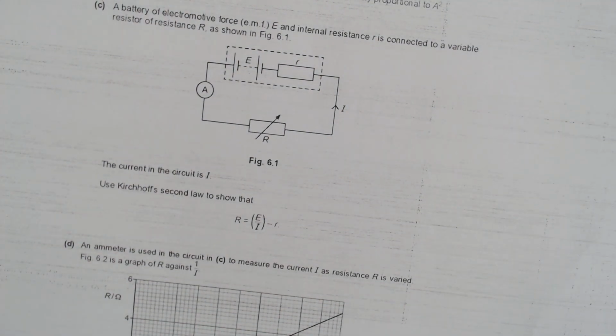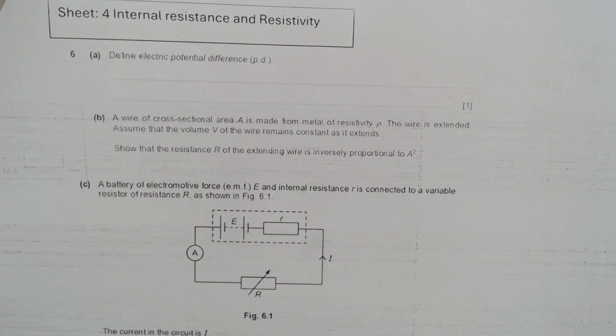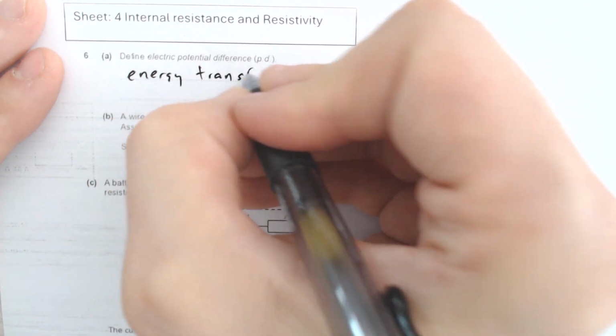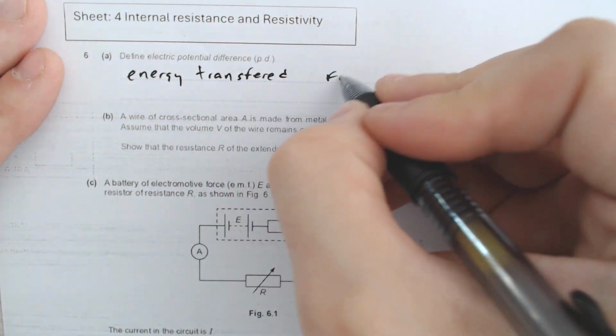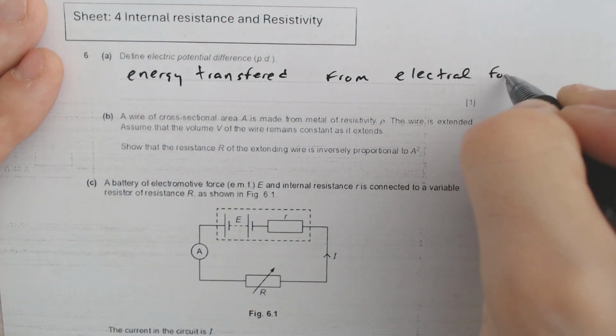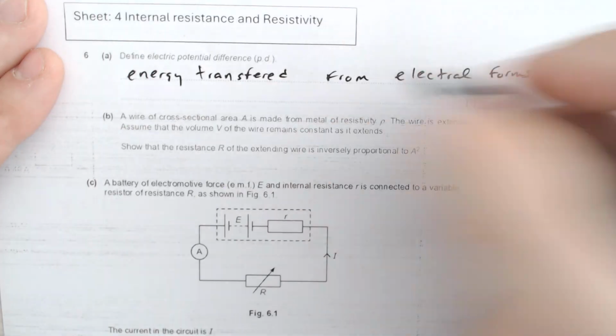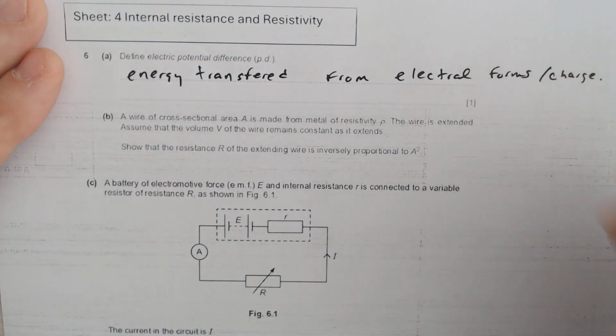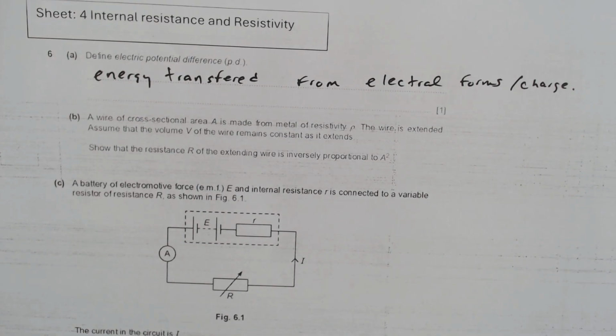All right. We're going with the AICE definition of electrical potential difference, by the way. I like saying electrical potential difference is voltage, just plain old voltage, but that's not a definition. The one we did yesterday was the energy transferred from electrical forms to other electrical forms, divided by charge.